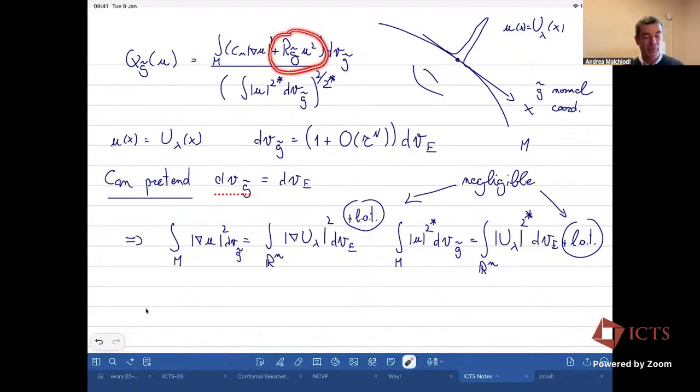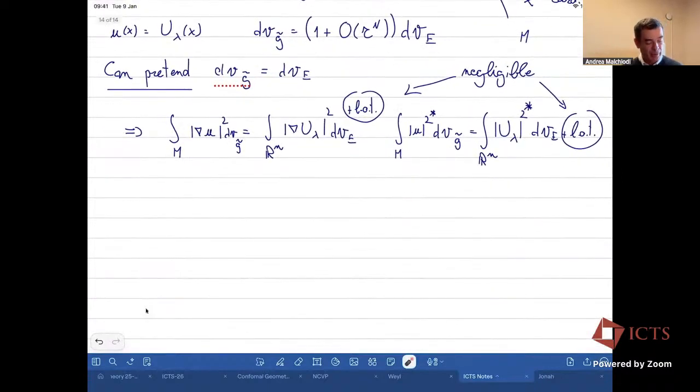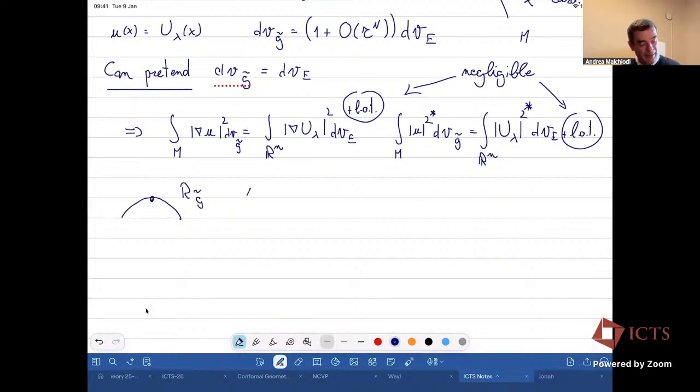Okay, so what is left? The thing which is more interesting is the scalar curvature. So recall also that the scalar curvature Rg tilde goes like this, and that the Laplacian with respect to g tilde of the scalar curvature at P is equal to minus 1/6 times the Weyl tensor of g tilde squared.